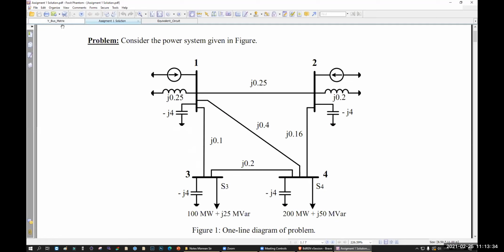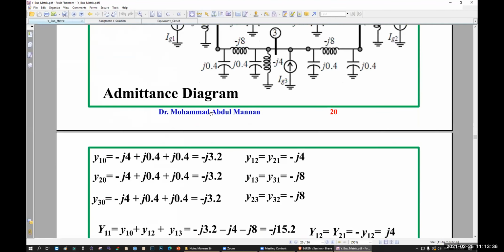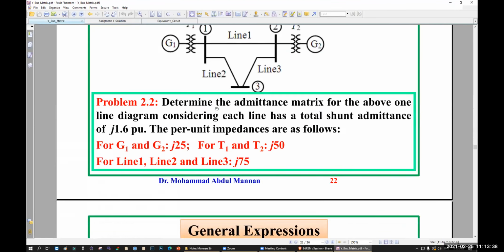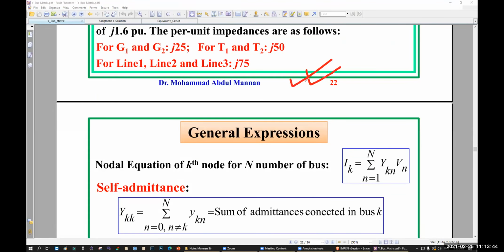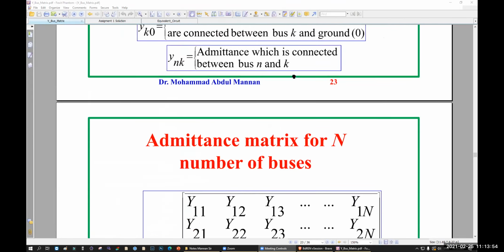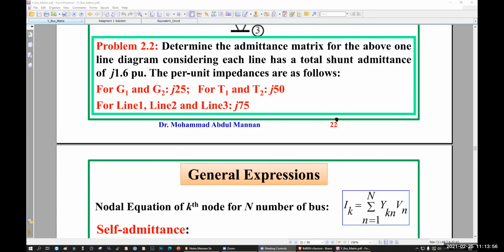Once we do this, you can do this by yourself. So you will do it by yourself up to these self-study. Once we finish the assignment 1 solution, you will do it by yourself. Can you do that? Up to page number 22, okay? Yes, sir, you will do it by yourself.